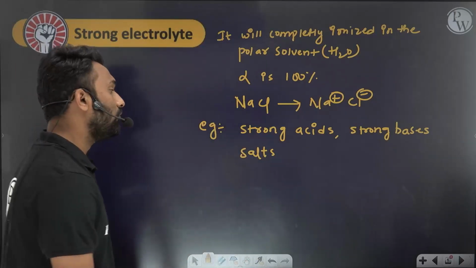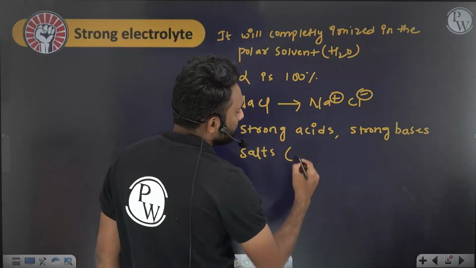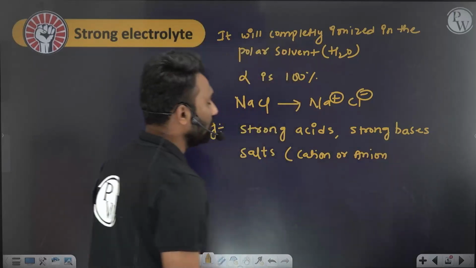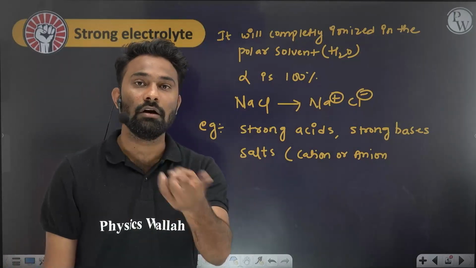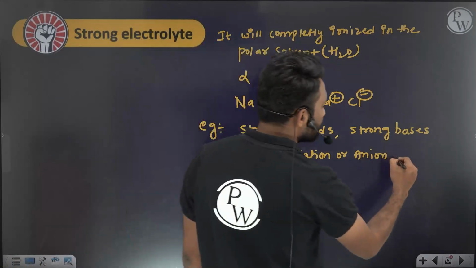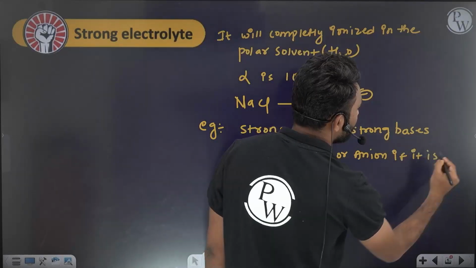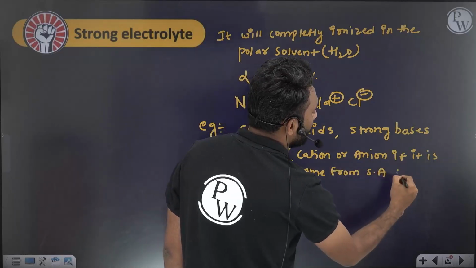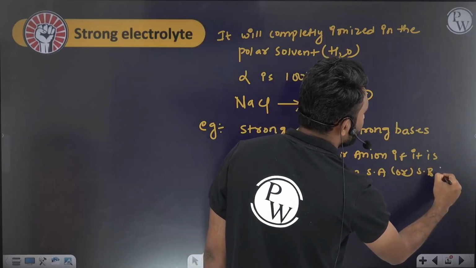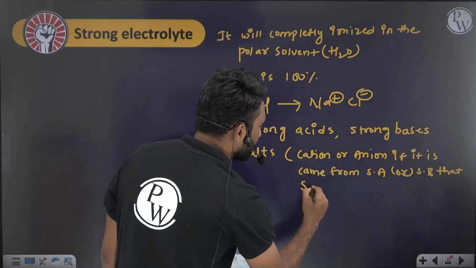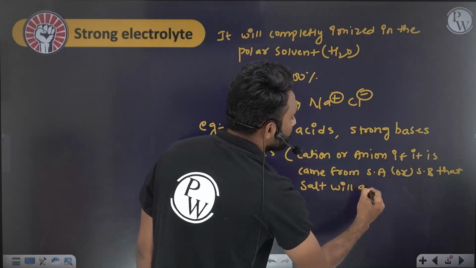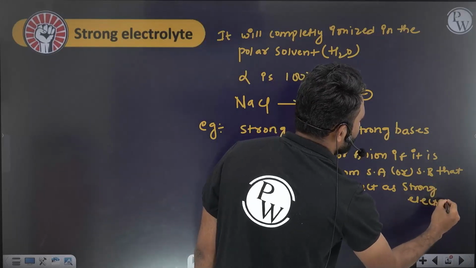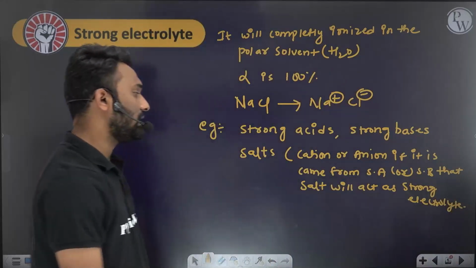Now in those salts, what should be there? In those salts, if either the cation or the anion has come from a strong acid or strong base, that salt will act as a strong electrolyte.